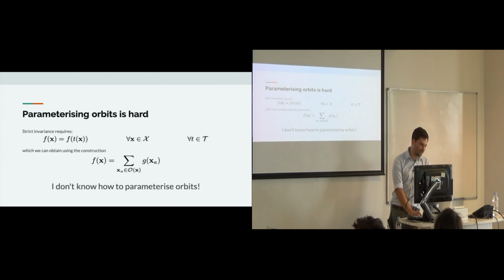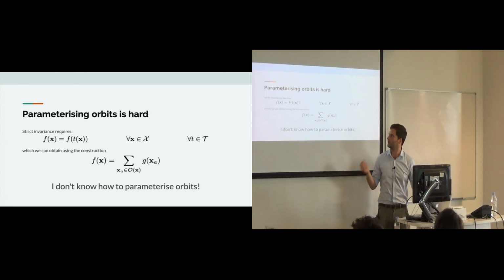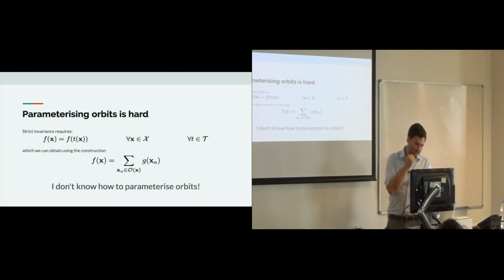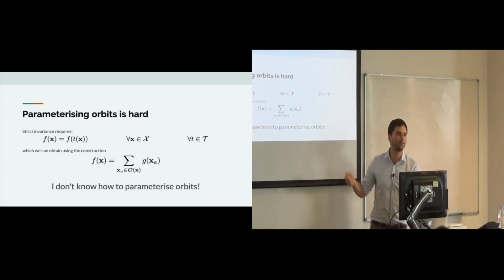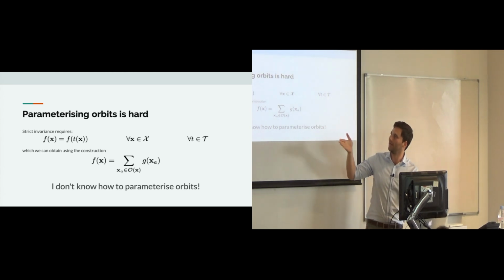So the first major problem that I encountered when I was thinking about this was that parameterizing orbits is actually really hard. And I still don't really know how to do this. The reason for this is that invariance is actually a really strict criterion, right? We're actually asking to create a distribution over functions where the function value is exactly the same if we apply a particular transformation to the input.